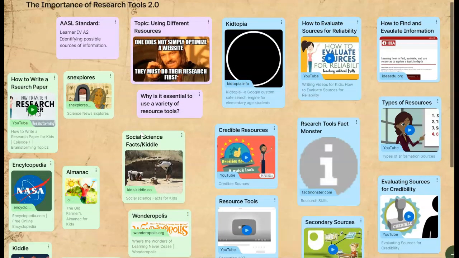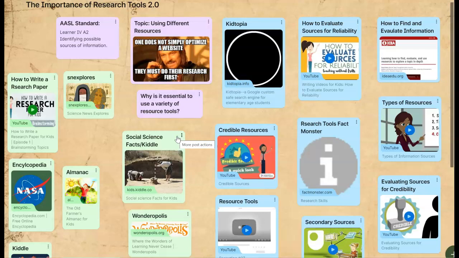Remember, it is very, very important to identify your information, know what you want to write about, decide what you want to write about, and secondly, you must be able to know how to use your sources. You don't want to use a science tool to do an autobiography.